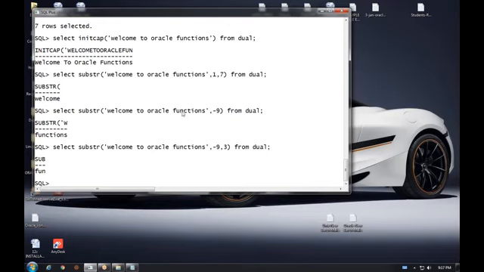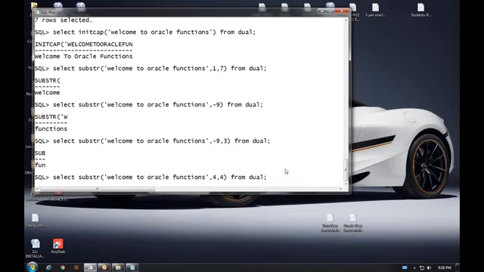Right. Now, 4 comma 4. What is the meaning of this? From the beginning, go to the 4th character: 1, 2, 3, 4. C is the 4th character. From this 4th character, I need the next 4 characters.